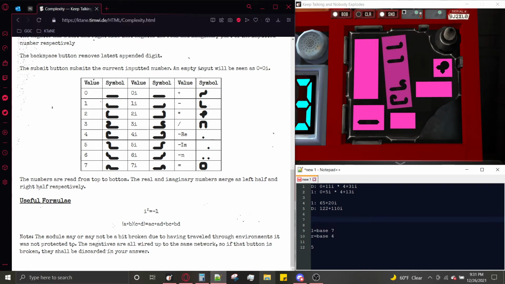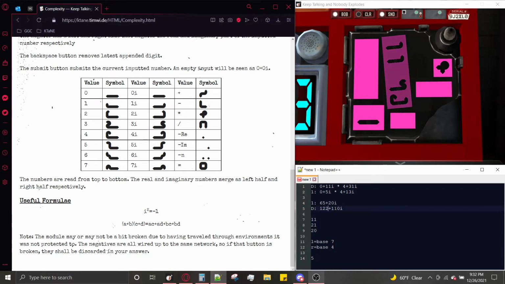We're going to input the leftmost digit of both of our numbers first, then the second leftmost digit, and then the third leftmost digit. If we had any more, we would input the fourth leftmost and the fifth leftmost and so on. But since we only have 3 digits for each number, we're going to input the third from left, then the second from the left, then the leftmost, then second leftmost, and third leftmost.